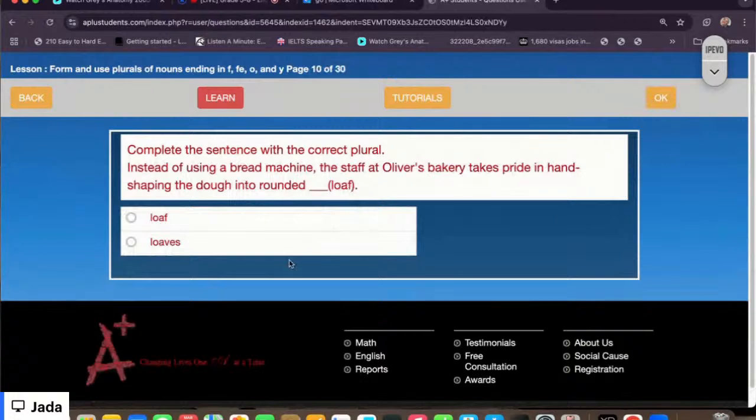So, what is the plural of loaf? Okay, loaves.